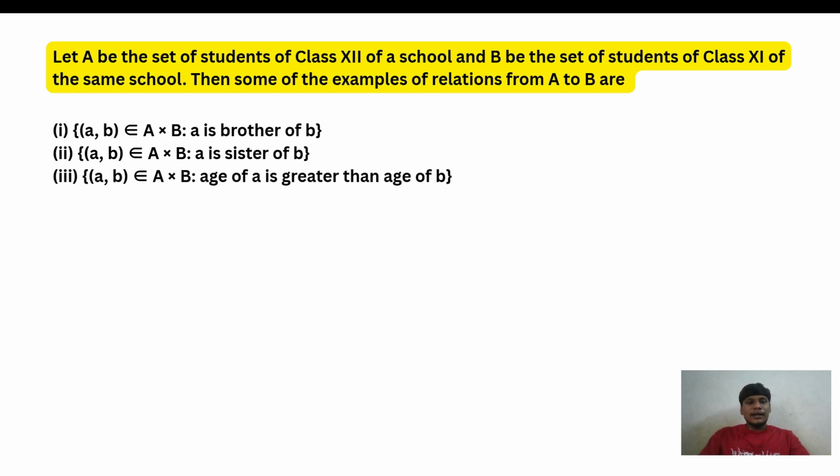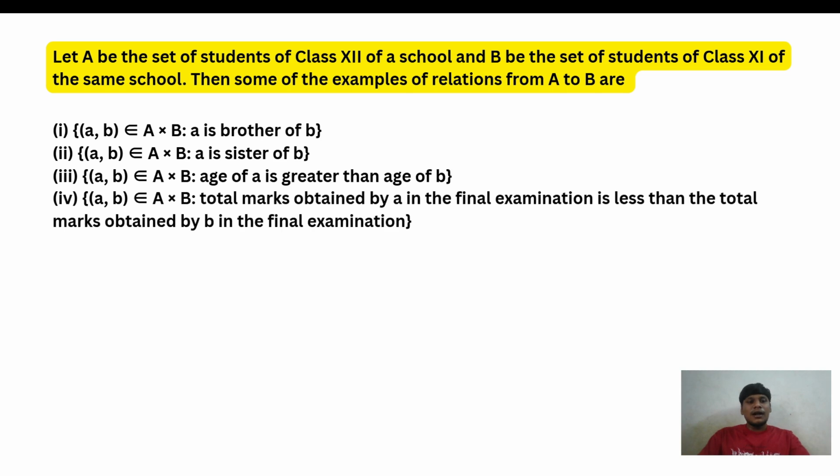Okay, and then the age of A is greater than the age of B, which means that the age of a student in class A may be greater than the age of a student in class B. It's given as a relation. Also, the total marks obtained by A in the final exam is less than the total marks obtained by B in the final examination, where a student in A obtained only lower marks than a student in B, which is class 11.